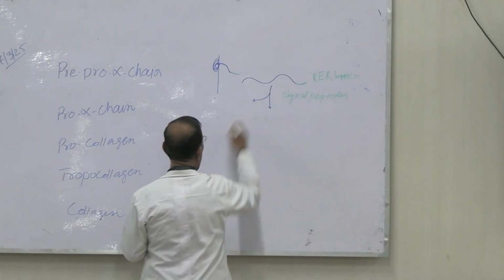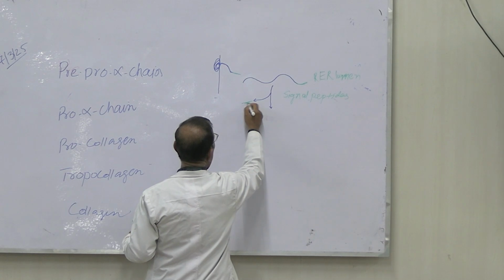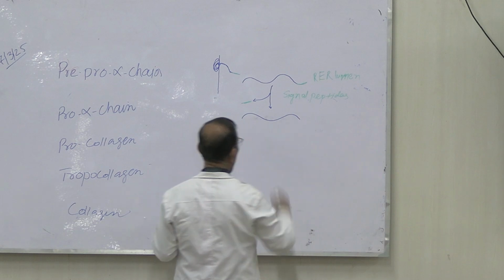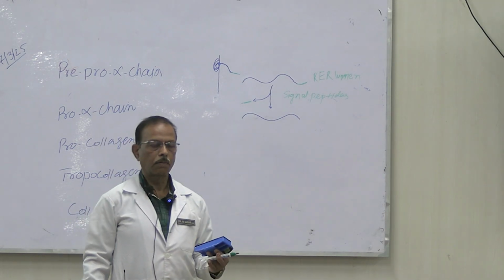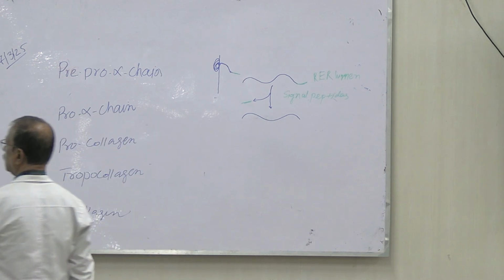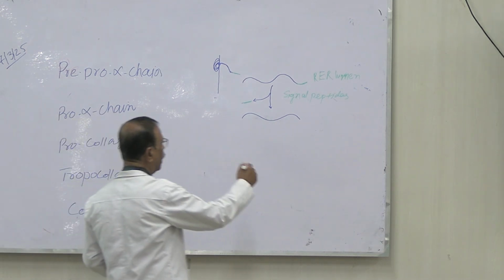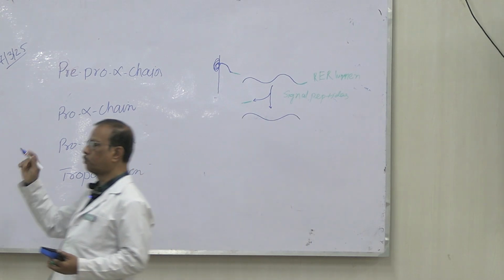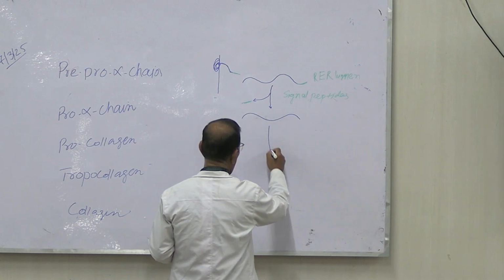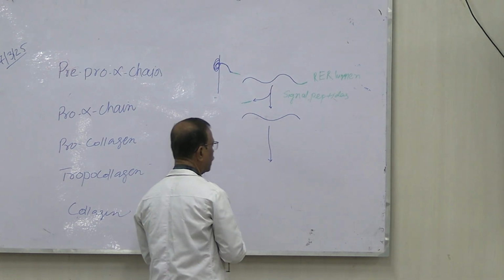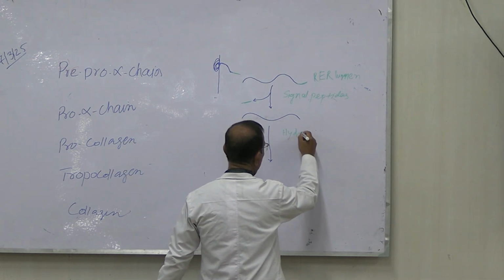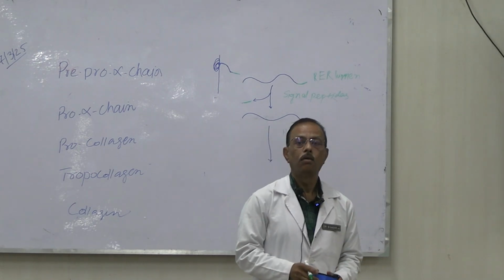So, it is removed and the polypeptide chain without the signal peptide is now called pro-collagen. Still it is in the lumen of the endoplasmic reticulum. So, in pro-collagen, there is hydroxylation. This is called post-translational modification.